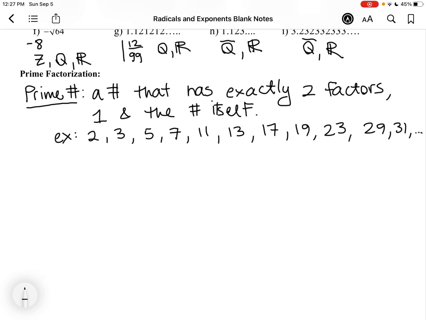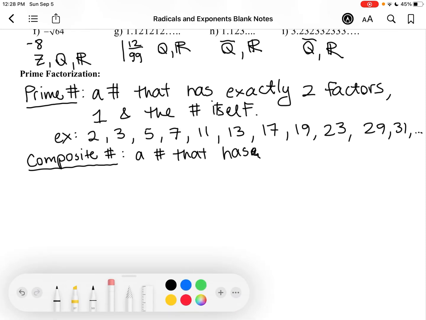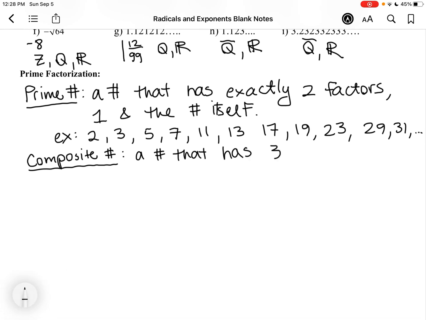A composite number is a number that has 3 or more factors. Whoops, maybe I'll erase that. Number that has 3 or more factors.